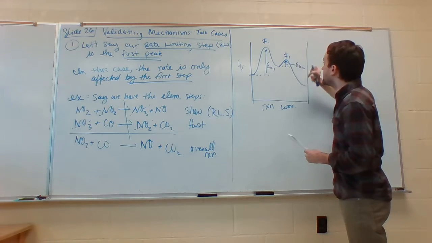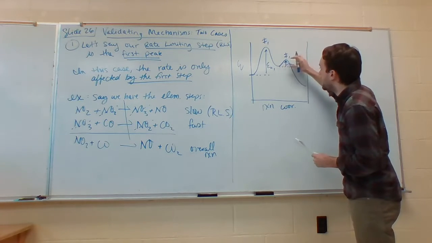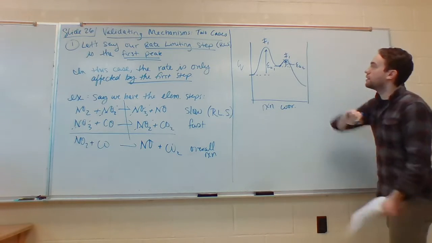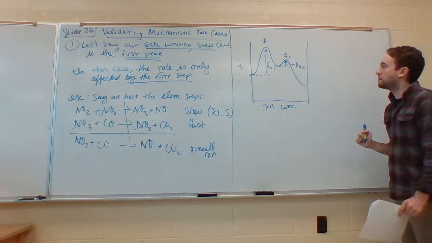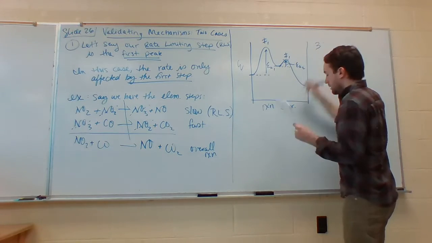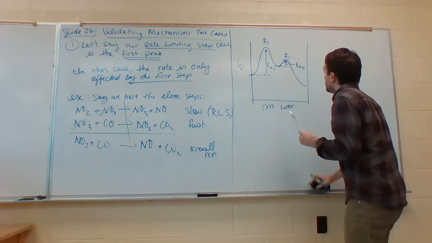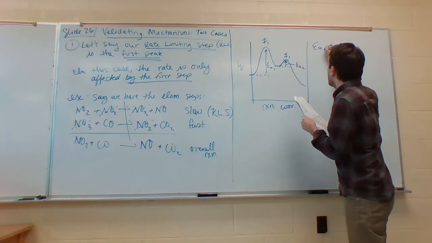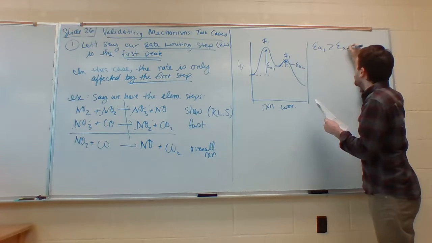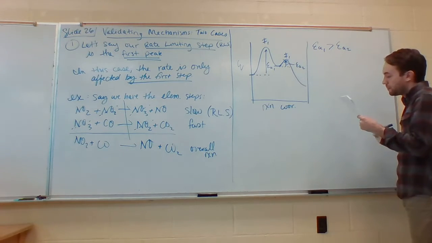And then we have a second activation energy, which is the energy from our intermediate up to the top of our second peak. And notice in this case that activation energy 1 is much bigger than activation energy 2.